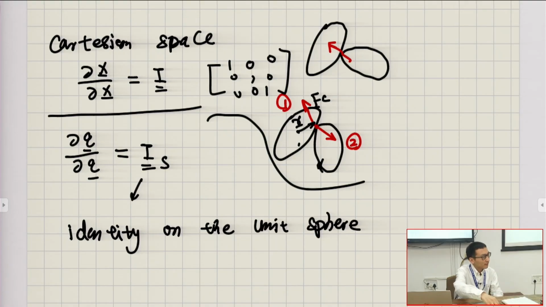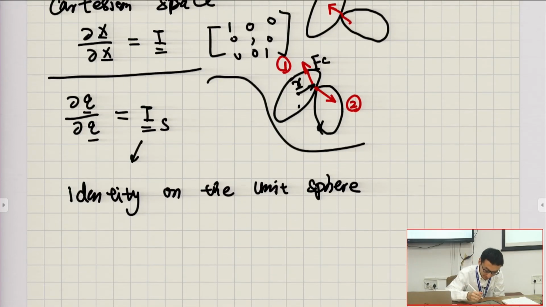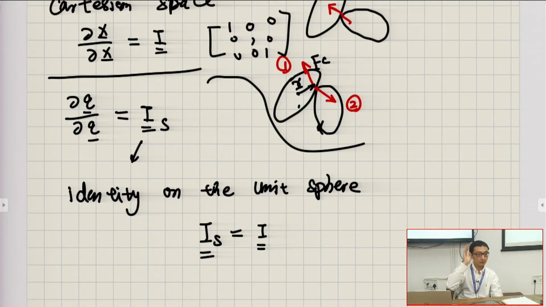If you think about an identity tensor on the unit sphere, it has to be normal to the Q vector, right? Q is perpendicular to the surface. Therefore, the identity tensor on the unit sphere is just the regular identity tensor, but remove the part that's normal to the surface, which is QQ.